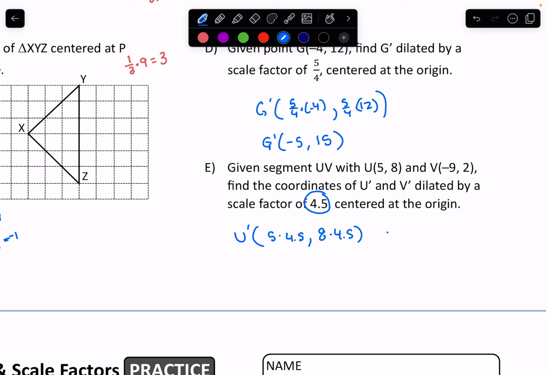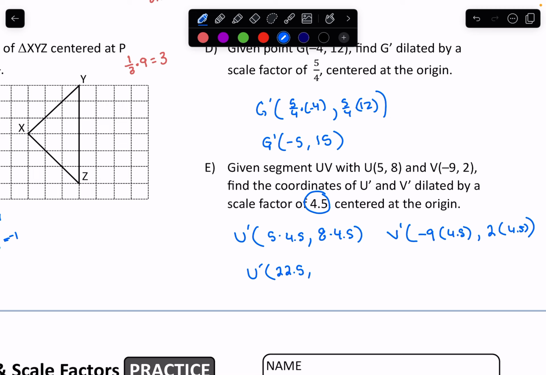And V prime is going to be -9 multiplied by 4.5 and 2 multiplied by 4.5. So U prime, 5 times 4.5 is going to be 22.5.